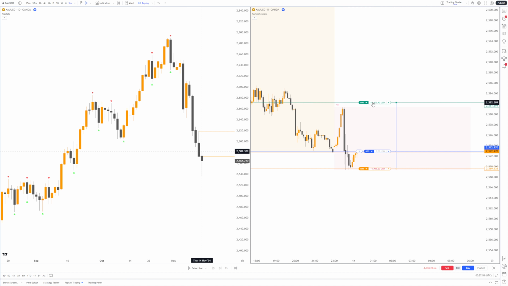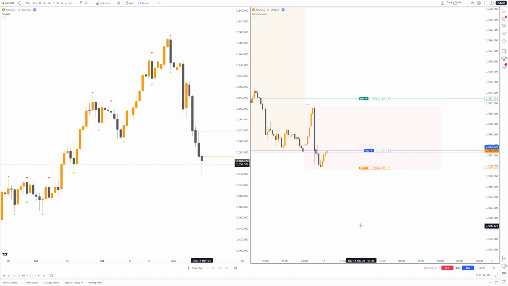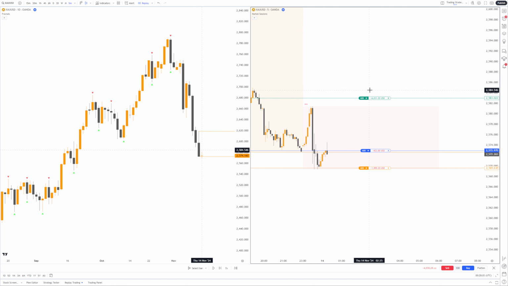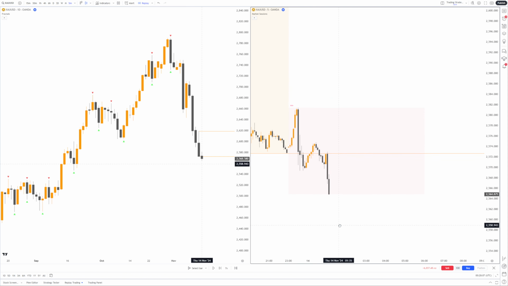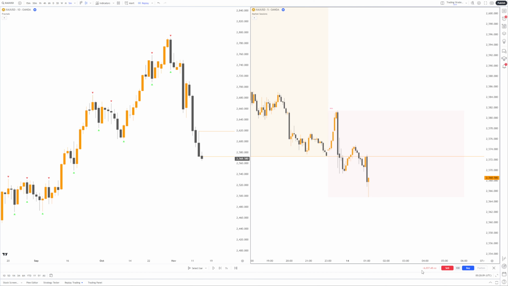There you go. And then we aim for a risk-to-reward of 3 to 1. So let's see what happens. Price stops us out. Yep, that's fine. Stopped us out. We are now at 6k down, but we will carry on.